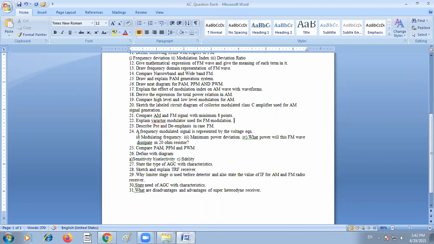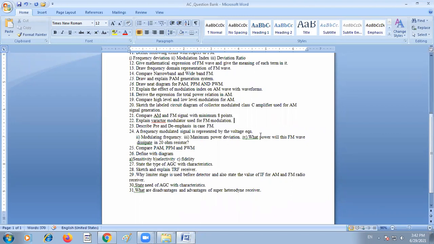And the next one is describe pre-emphasis and de-emphasis. So pre-emphasis is used before modulation and de-emphasis is after demodulation. Pre-emphasis is nothing but a high pass filter, de-emphasis is the low pass filter. Next, the frequency modulation signal is represented in this.